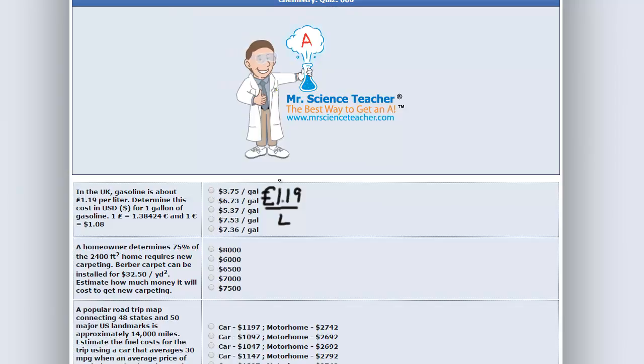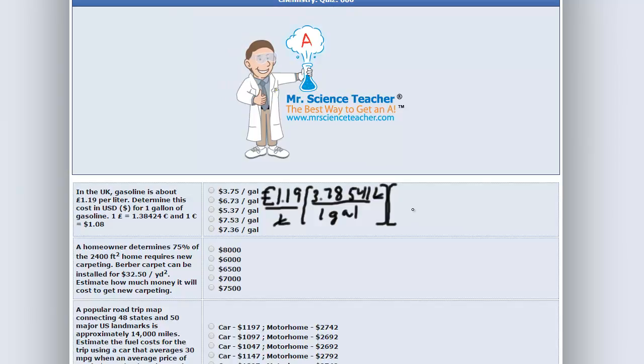And a gallon of gasoline, let's see, there are 3.78541 liters in 1 gallon. So now we know what the cost would be in British pounds per gallon. And so we have some conversions here between the pound and the euro and the dollar.